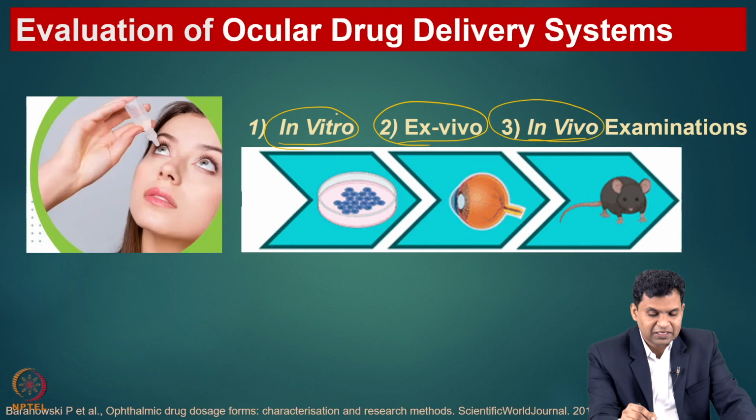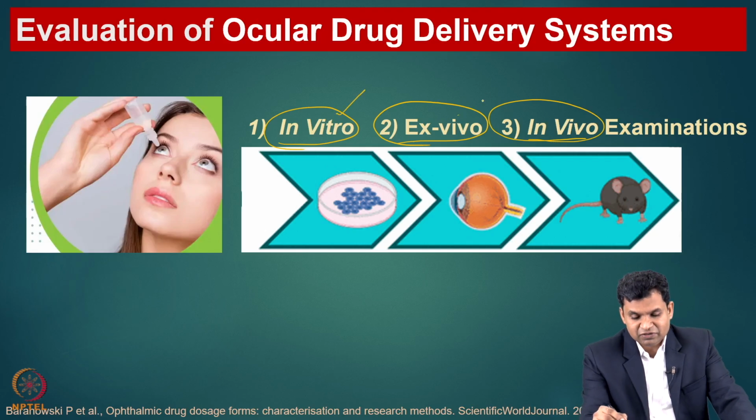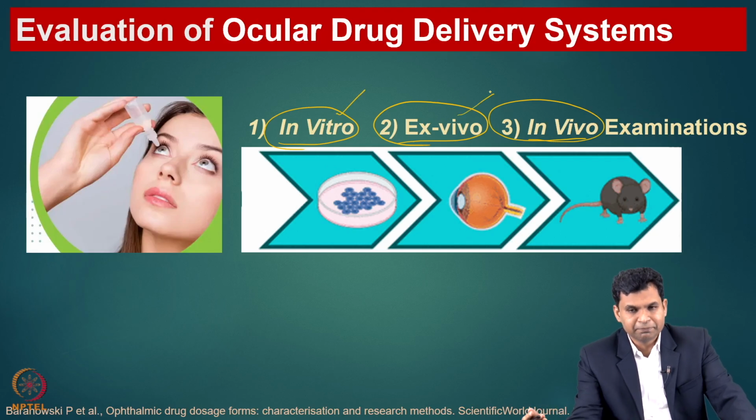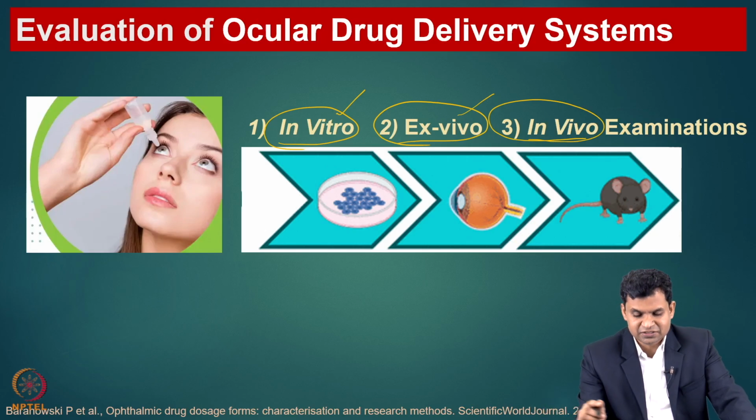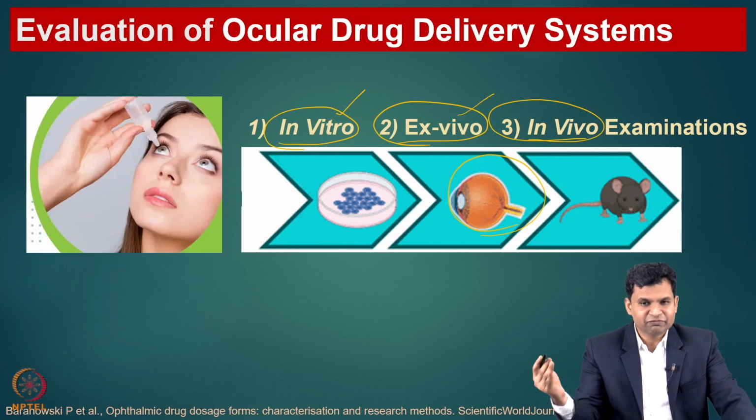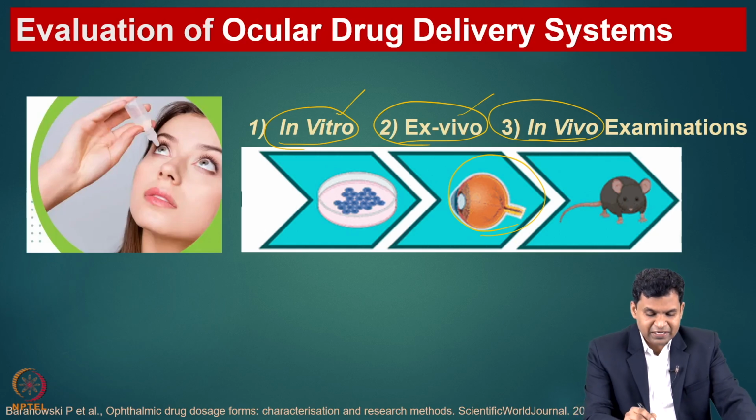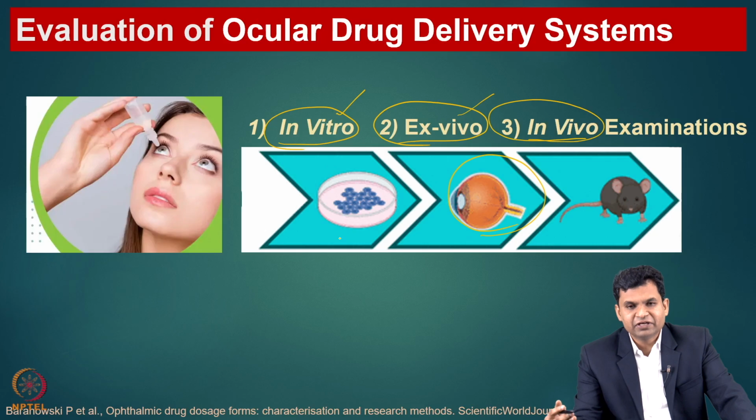Whereas in ex-vivo, we take some biological membranes or tissues and perform studies in physiological conditions. For example, Franz diffusion, by performing the diffusion of a formulation using a biological membrane, is called ex-vivo.